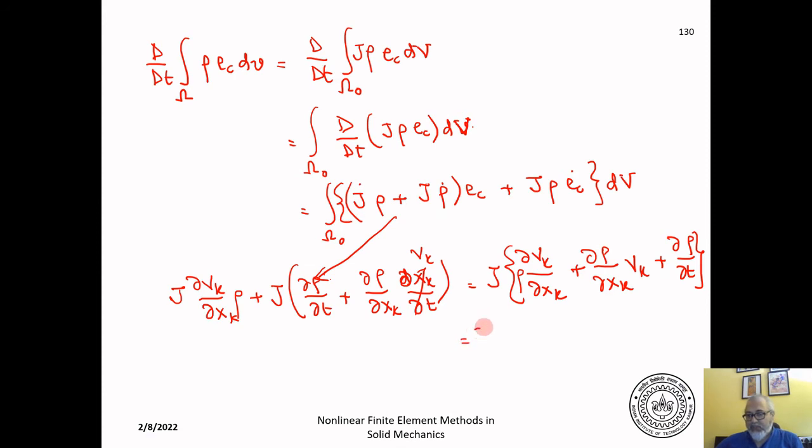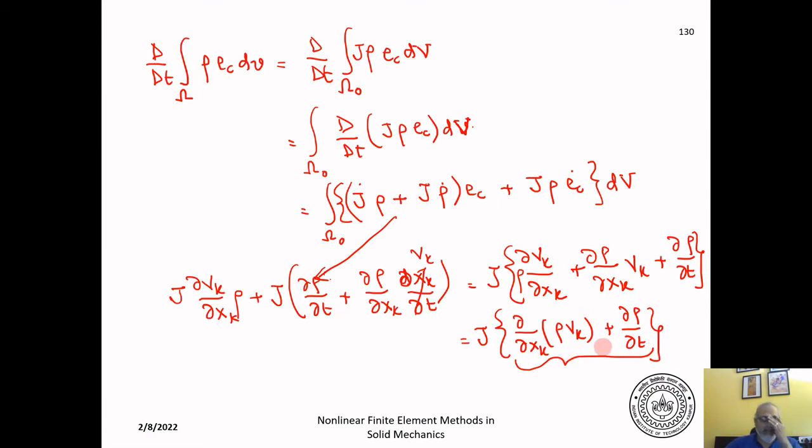And these two terms together are del xk of rho vk plus del rho del t. So this is what I have from the first term, and you will recall that from my balance of mass, this part is equal to 0.